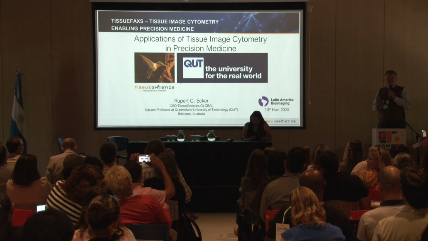And I have been working on this passion both academically. I'm a cell biologist by training and developed a prototype of this technology for tissue image cytometry as part of my PhD thesis in the 1990s. Founded a company, TissueGnostics, and then came back to academia, and now I'm working at Queensland University of Technology in Brisbane.